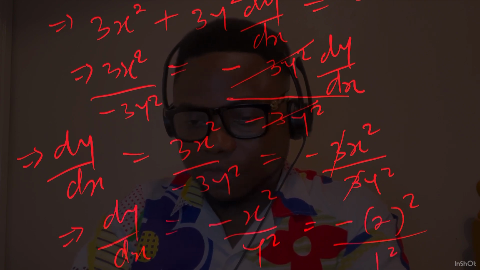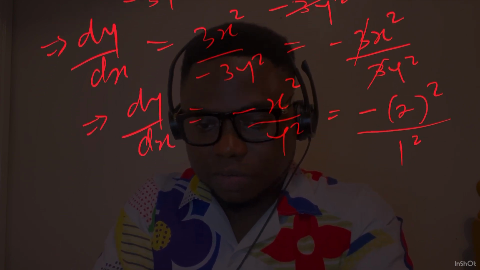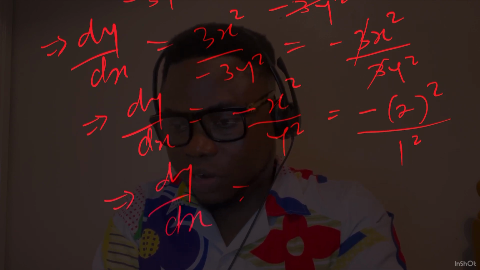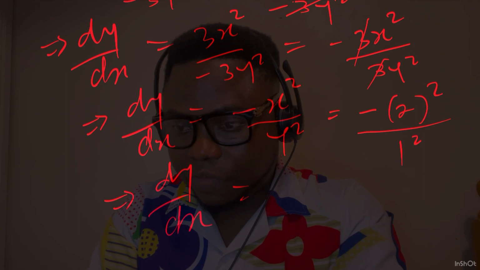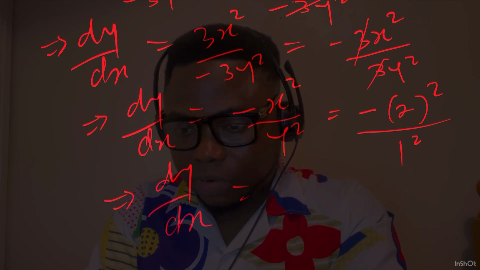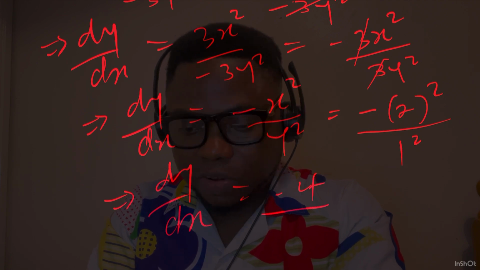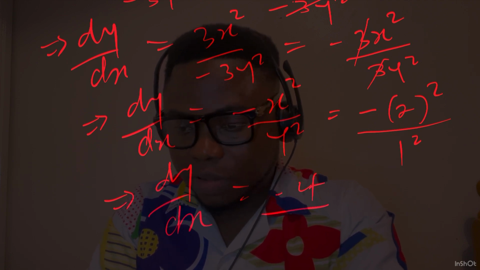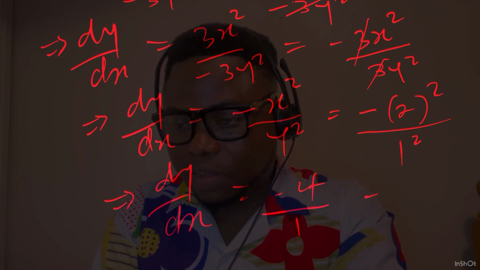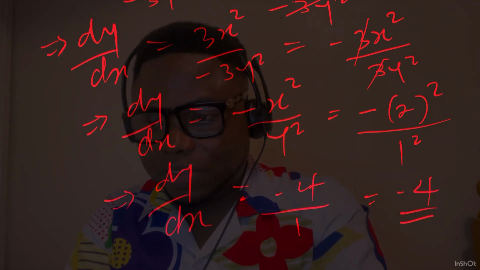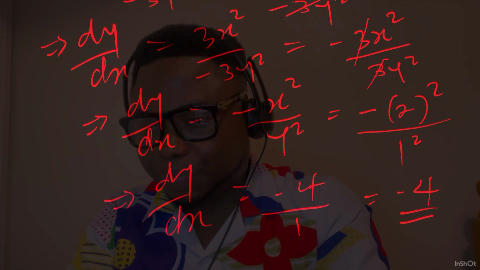So this is going to give me what? dy over dx is going to give me 2 squared is what? That's going to give me 4. So I'm going to write minus 4 divided by 1 squared is going to give me what? 1. Minus 4 over 1 is actually minus 4. So the gradient of the curve is minus 4.